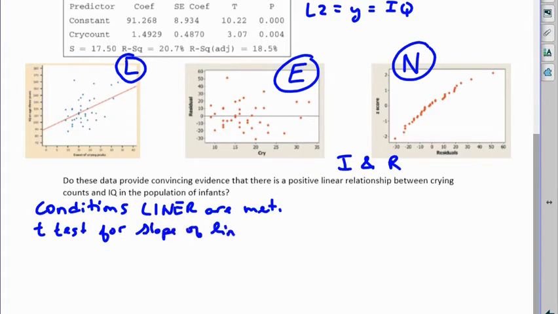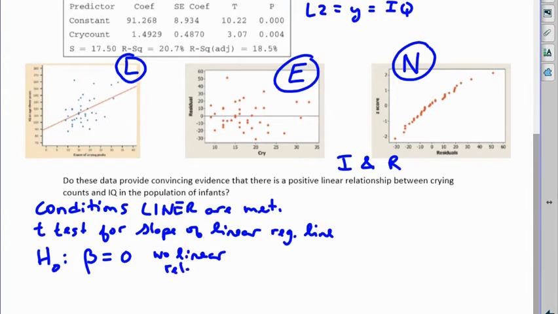But having the conditions for linear inference met, we're going to do a t-test for the slope of the linear regression line. Our null hypothesis is that there is no linear relationship, so beta equals 0.